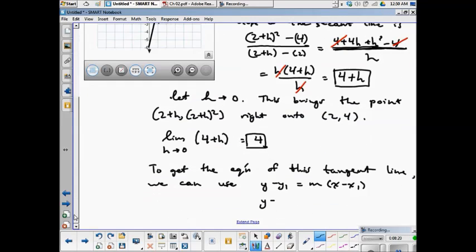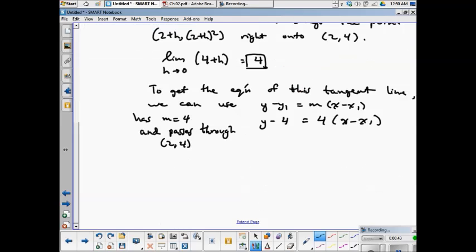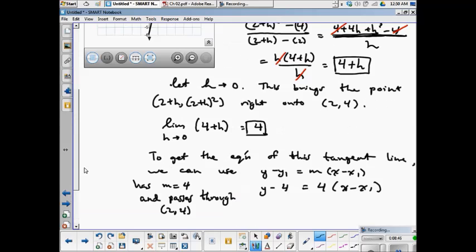So it has slope 4 and passes through (2, 4). We could put in y minus y1 equals m times x minus x1. This is x1 and y1, and this is the slope.